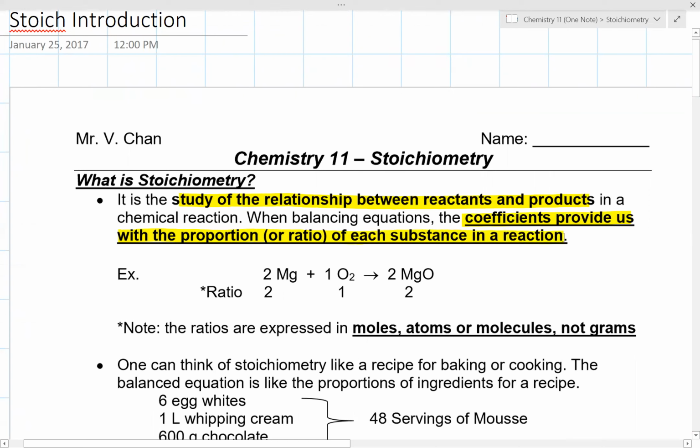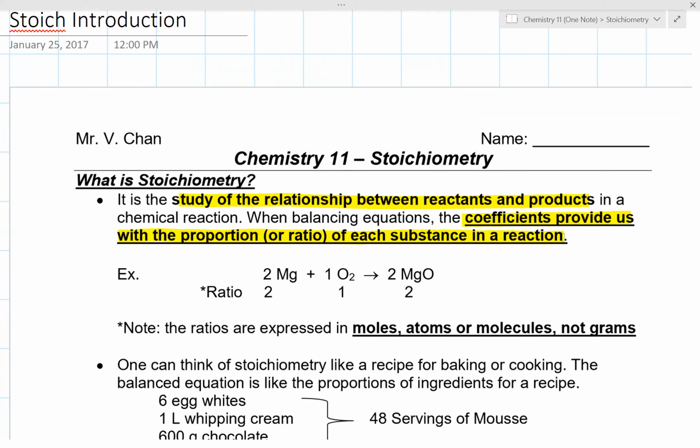So when you balance the equation, let's say we had 2 Mg plus 1 O2 gives you 2 MgO. What happened is you had a ratio of 2 to 1 to 2, and the ratios are expressed in moles, atoms, or molecules, not grams.